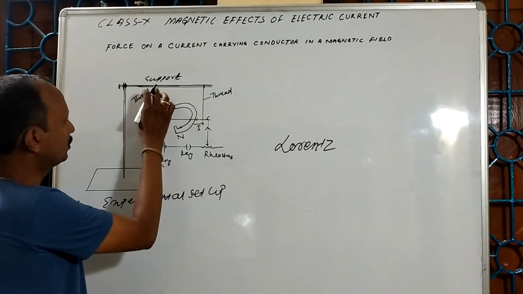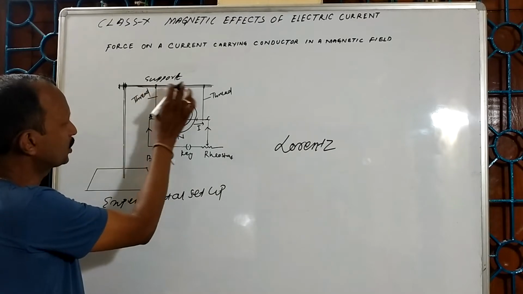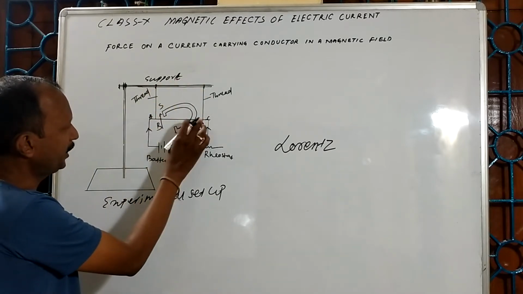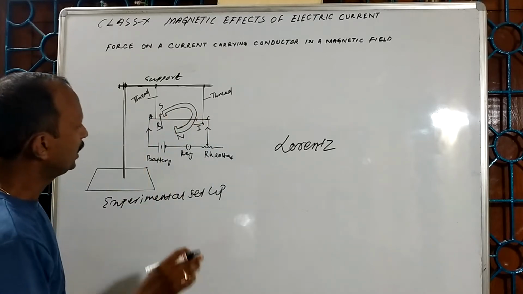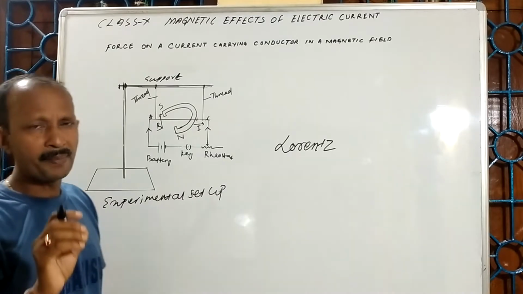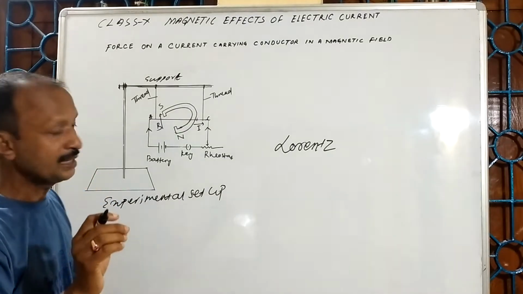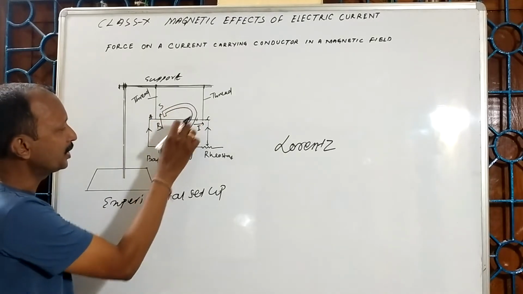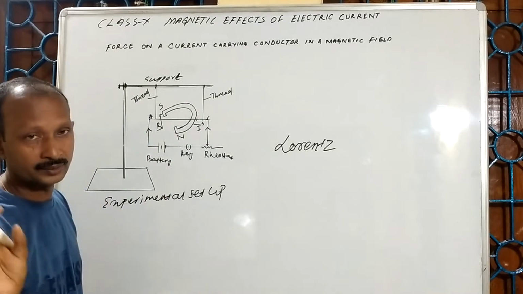So this is the thread. With the help of the threads, with the support, I have suspended one electric wire A to C. Now this electric wire is placed in a magnetic field, which in this diagram is created by the horseshoe magnet.